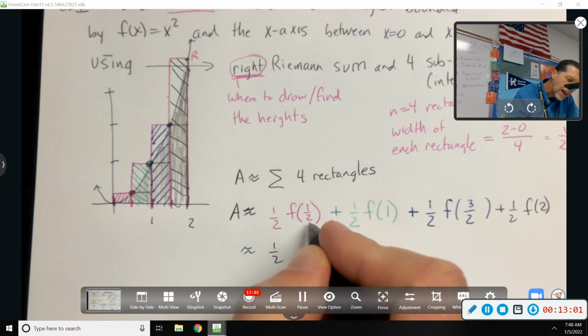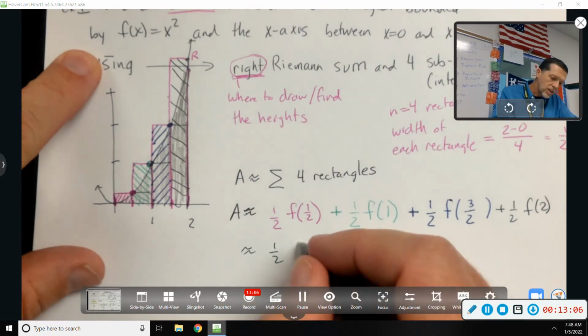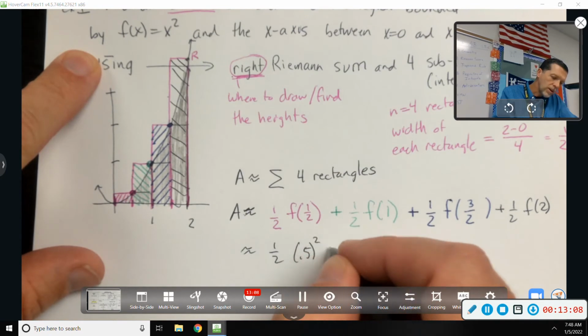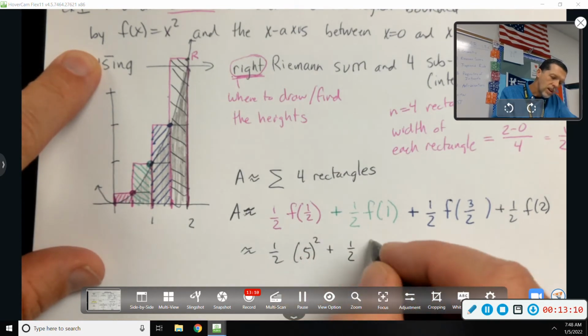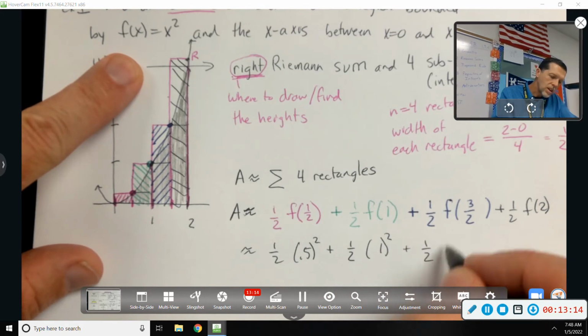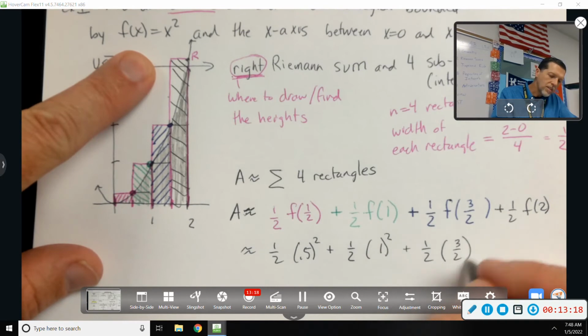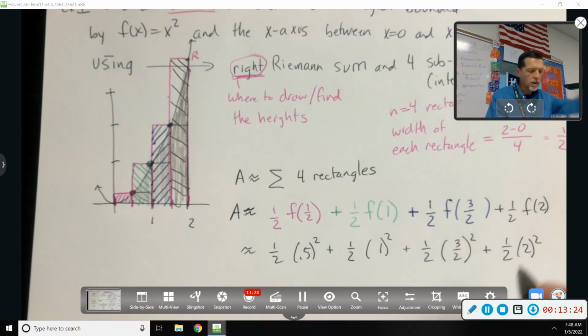4 rectangles, 4 expressions. So now I'm just going to figure out what those are. F of 1/2. Well, f of x was x squared. So 0.5 squared. F of 1, so 1 squared. F of 3/2 would be 3/2 squared. And f of 2 would be 2 squared.